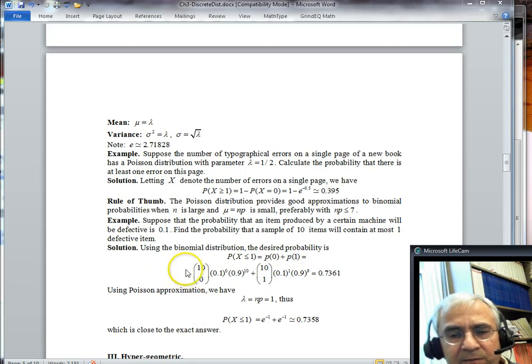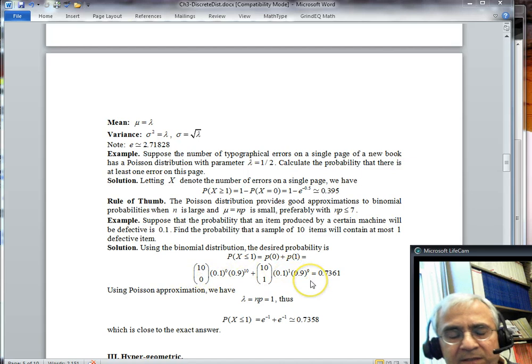So this is the binomial. My parameters are n equals 10 and p equals 0.1, and I want P of 0, so that's going to be 10 choose 0, 0.1 raised to power 0, 0.9 raised to power 10, and P of 1 is 10 choose 1, 0.1 raised to power 1, 0.9 raised to power 9.